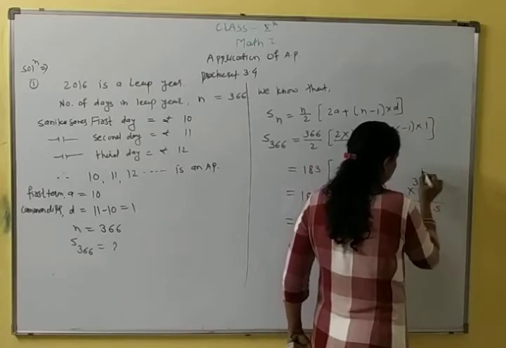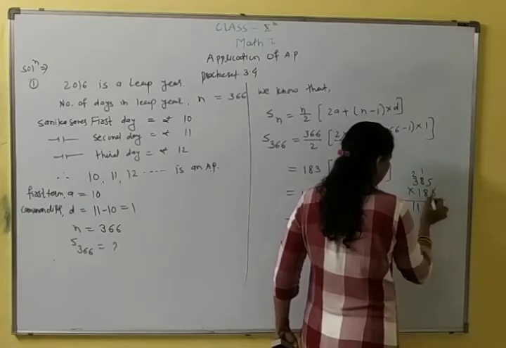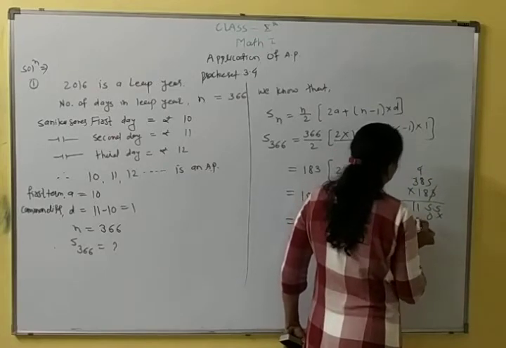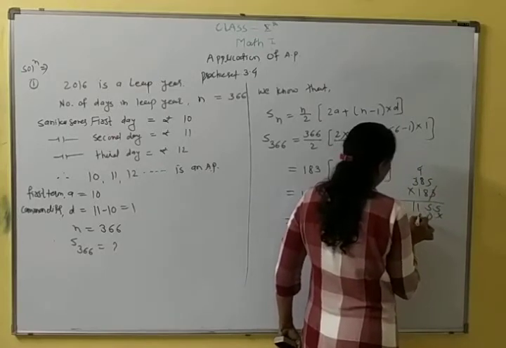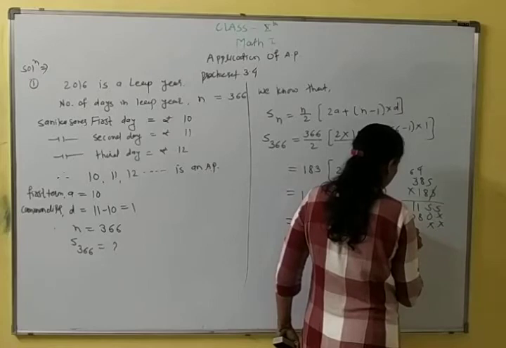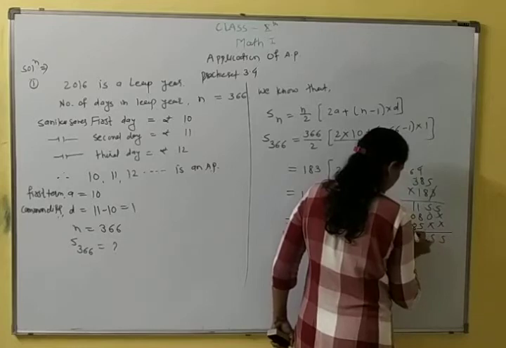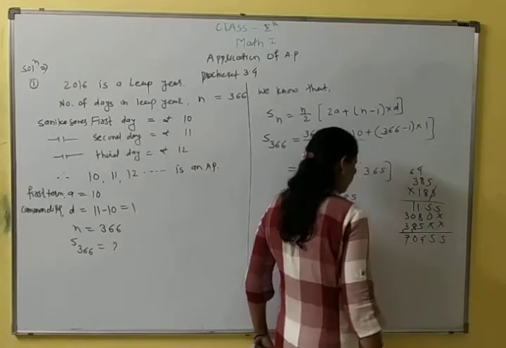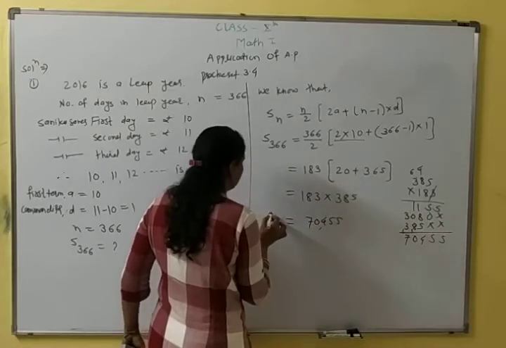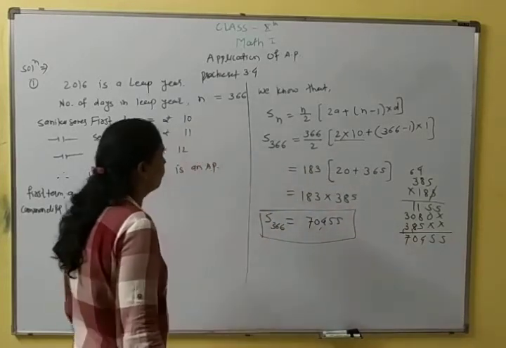5 threes are 15. So the sum of 366 terms is 70,455.